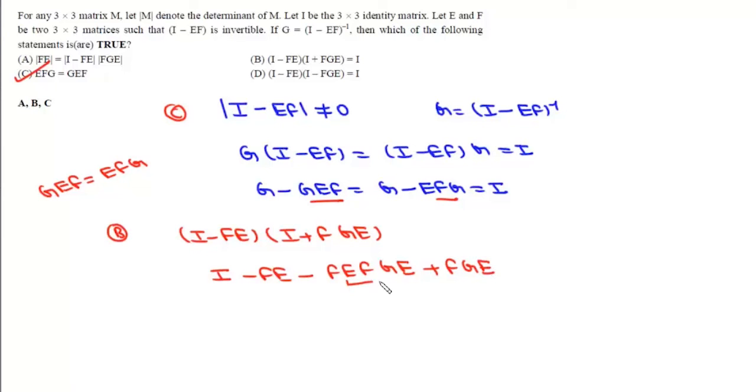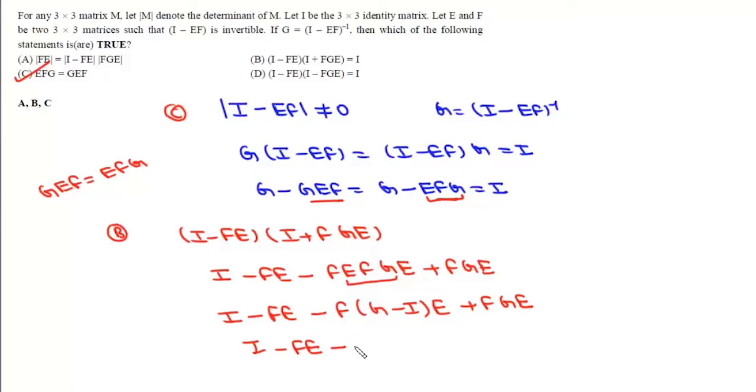Now what we can do is we can write EFG as G minus I. So it will be I minus FE minus F into G minus I into E, and plus FGE, which is I minus FE minus FGE plus FE plus FGE. Now this FGE will cancel, FE will also cancel. So this is equal to I. That means this option B is also correct.